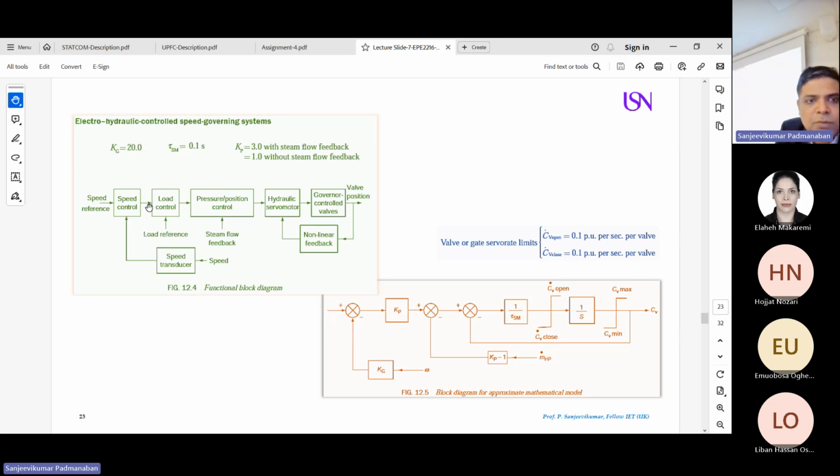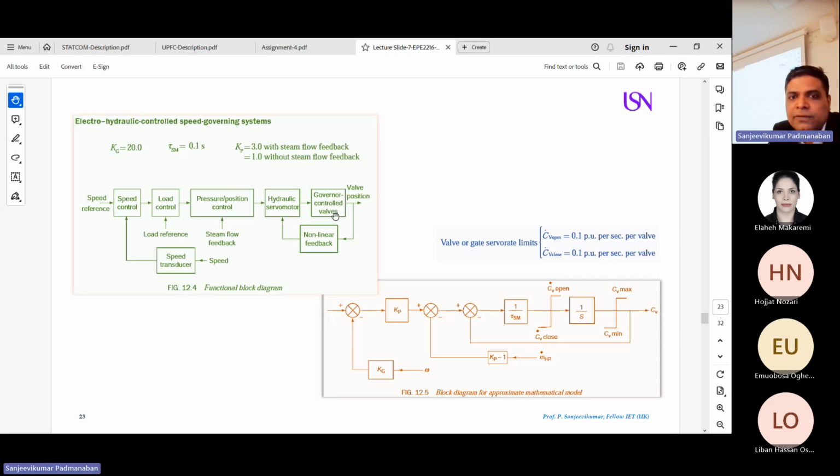From the speed controller, the output will be given to the load controller. In the load controller, this is the reference, and this is the load reference that you give. It will be compared and given to the pressure or position control. If it is going to be a steam turbine, it's a pressure. If it is going to be a hydro turbine, it's based on the position control. Then it goes to the hydraulic servo motor.